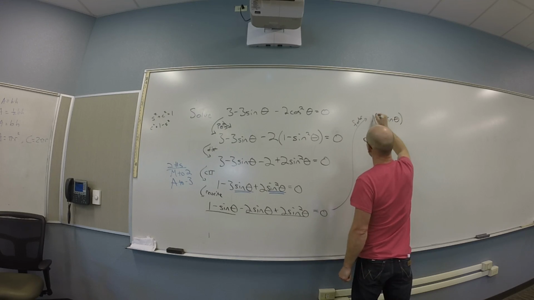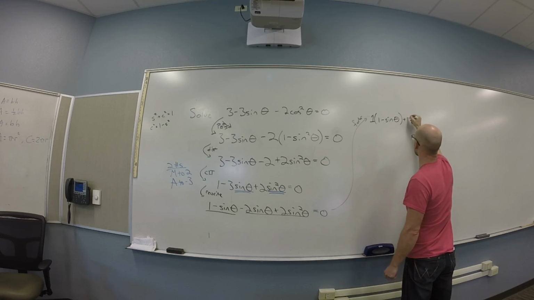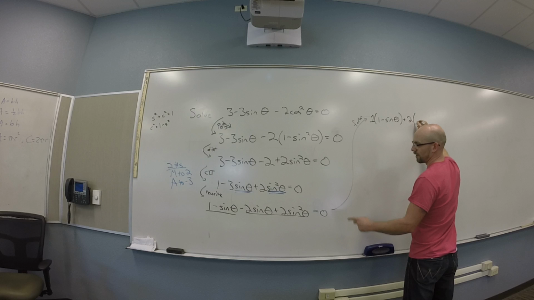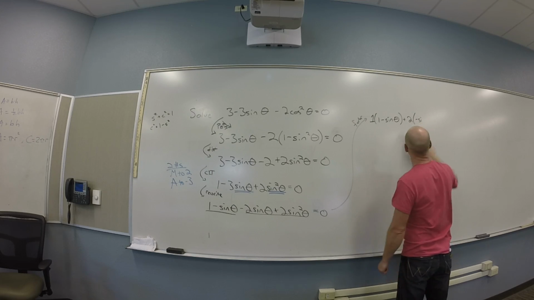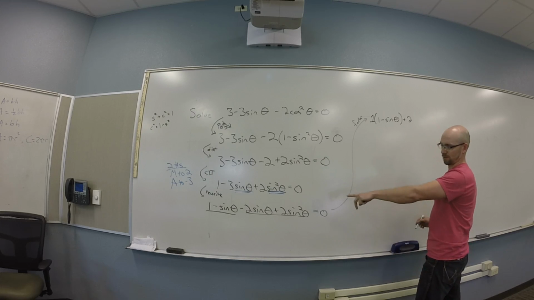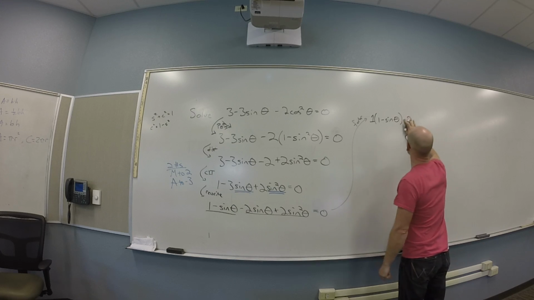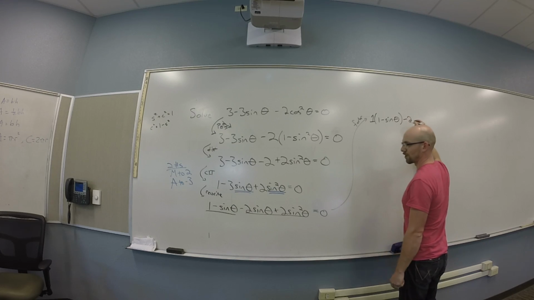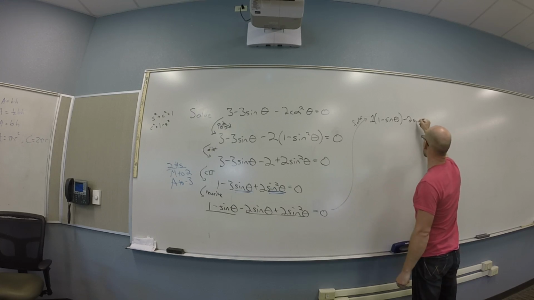On the other one, I've got a plus 2, oops, it's minus 2. If you factor out a minus 2 and also a sine theta, what are you left with?